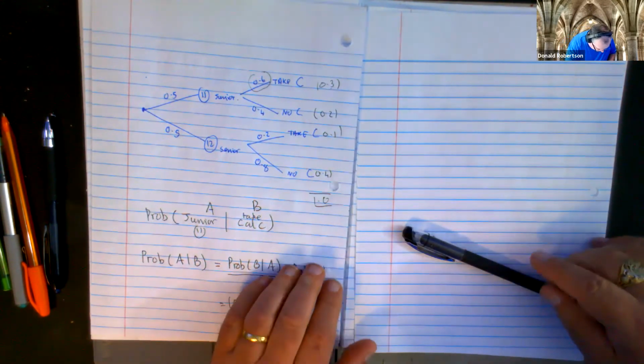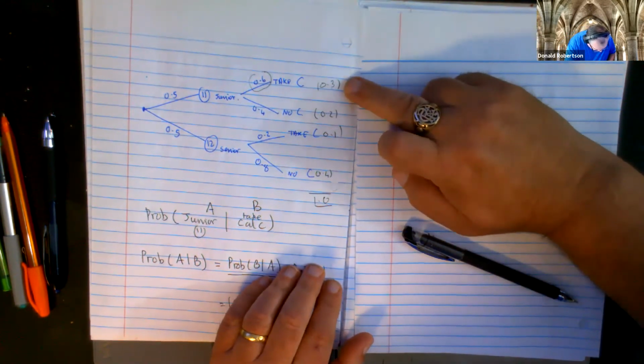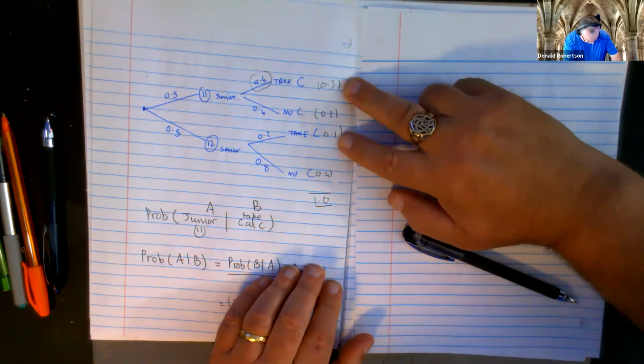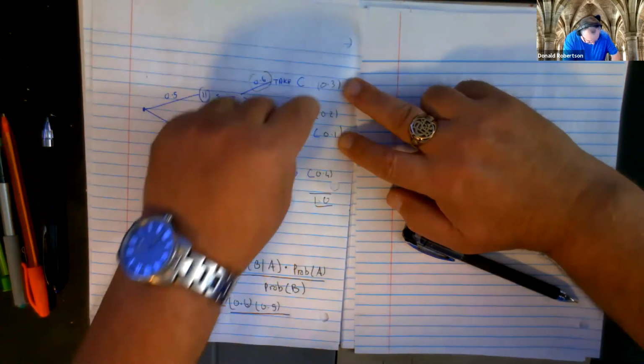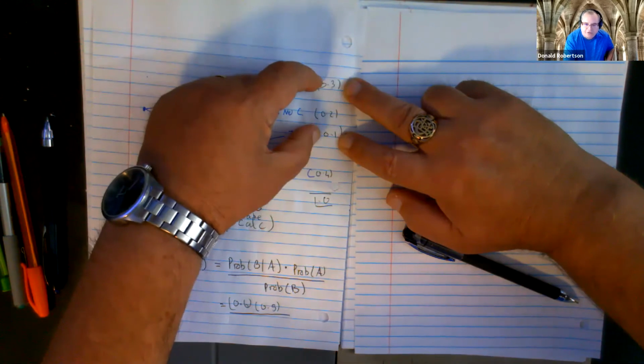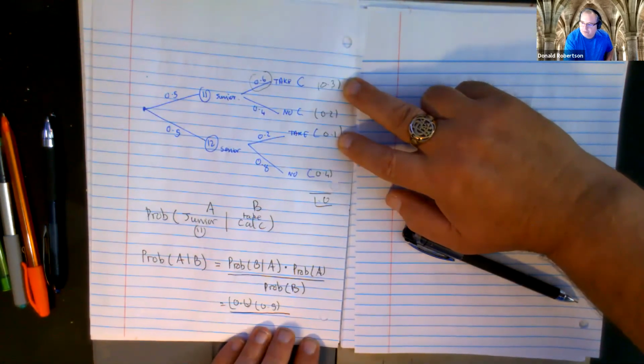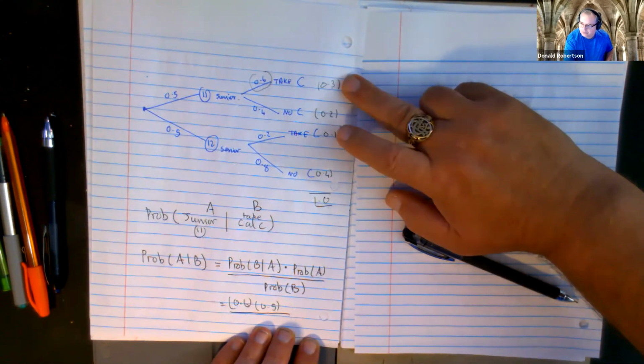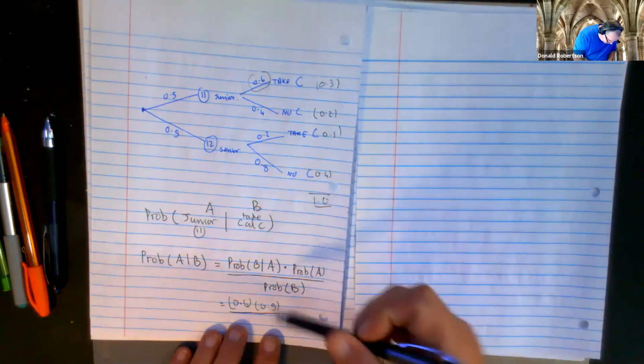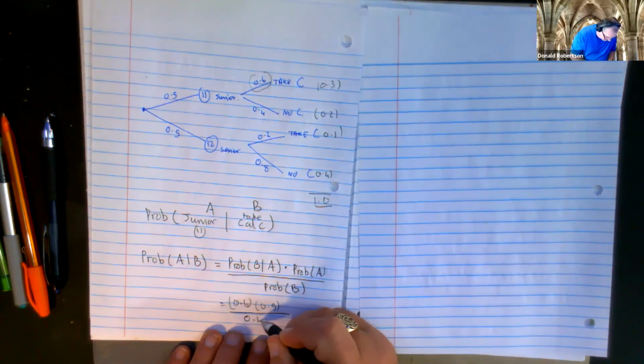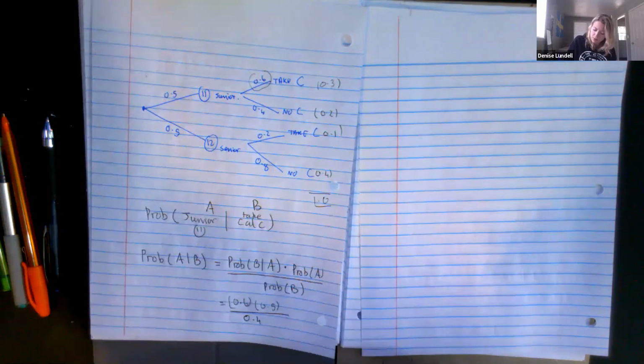Well, if you take calculus, you're that group of people there and that group of people there. Now, if I take this guy and this guy, do you see that there is altogether 0.4, right? 0.3 and another 0.1. So probability you take calculus is 0.4. And that's because you add them together, right?